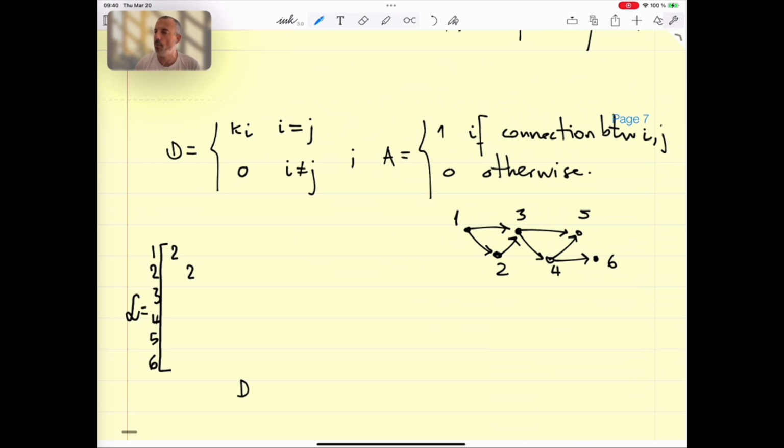Node 3 is 4. Node 4 is 3. Node 5 is 2. Node 6 is 1. And all of the rest of the matrix is zeros. Okay, so this is the degree matrix, which has the degrees in the diagonal. Is that cool?